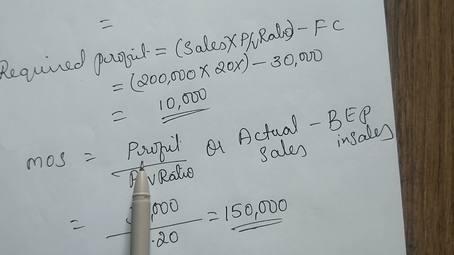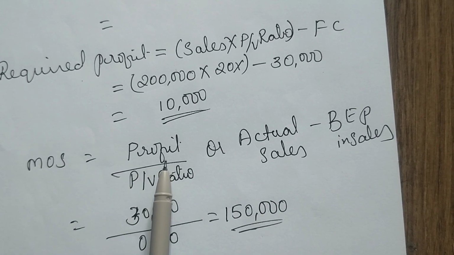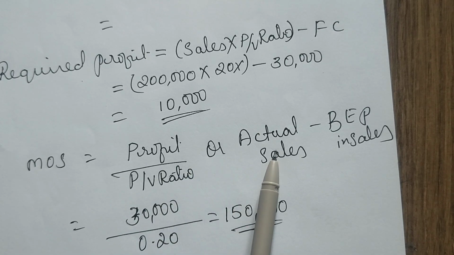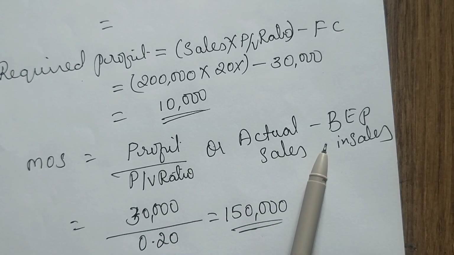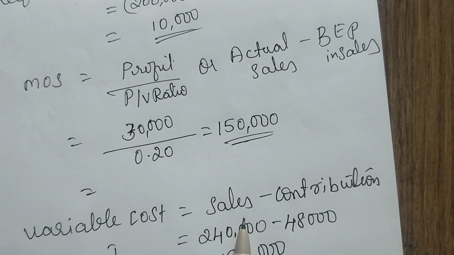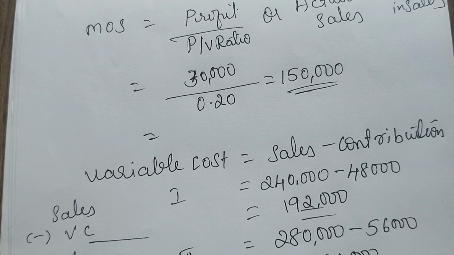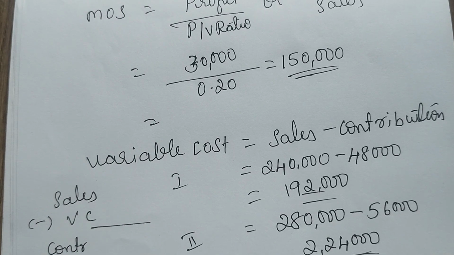Margin of safety, when profit is given, we use profit divided by PV ratio. Otherwise we subtract BEP sales from actual sales. Variable cost is sales minus contribution. To find contribution, sales minus variable cost gives contribution, so the difference between these two is variable cost. Then contribution minus fixed cost is profit.